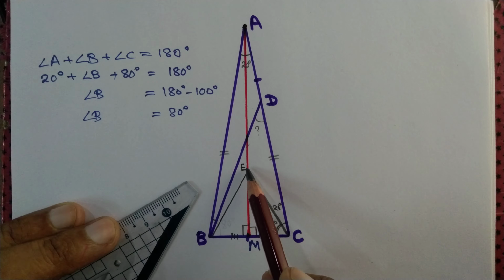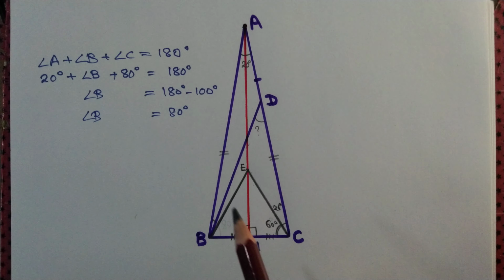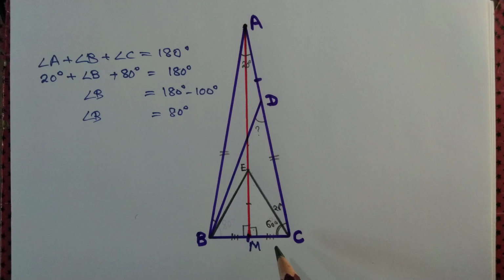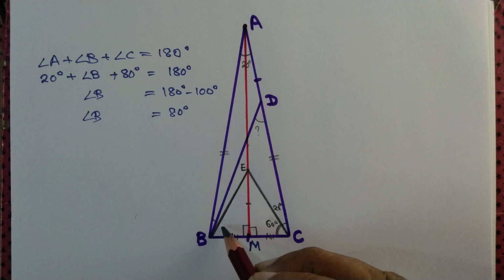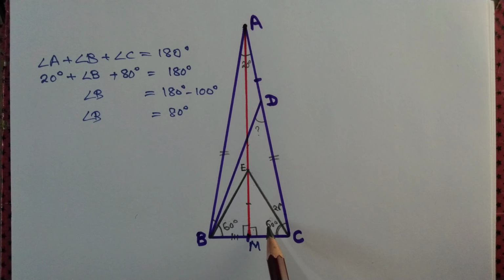Now consider triangle EMB and triangle EMC. We can apply side angle side congruence to say that those two triangles are congruent, and so angle EBM measures 60 degrees. Hey, we find two angles of a triangle measuring 60 degrees, and we can find the third angle by using the sum of three angles of a triangle equal to 180 degrees to say that the third angle also measures 60 degrees.